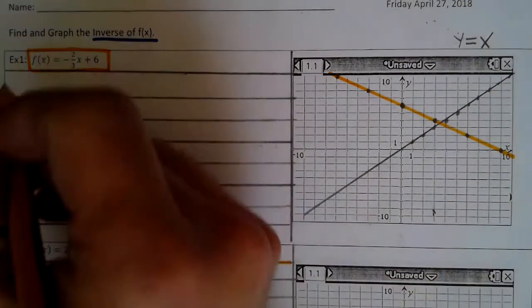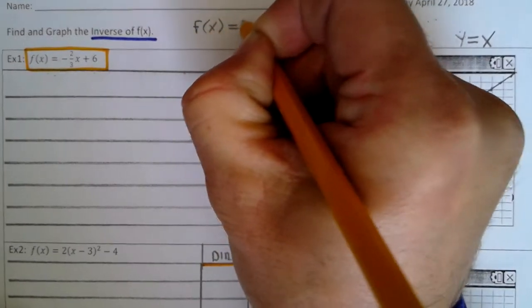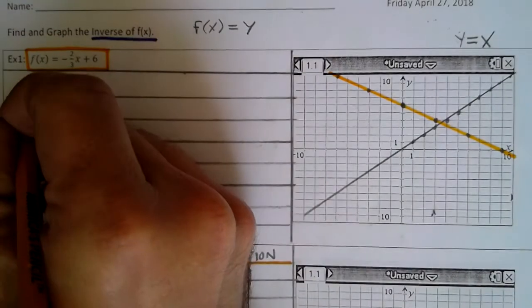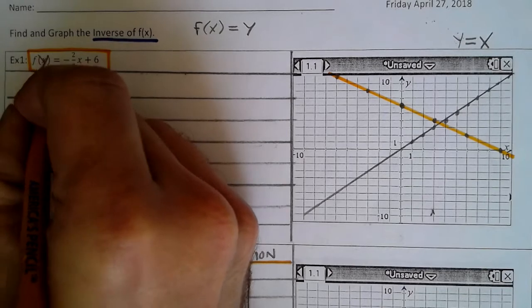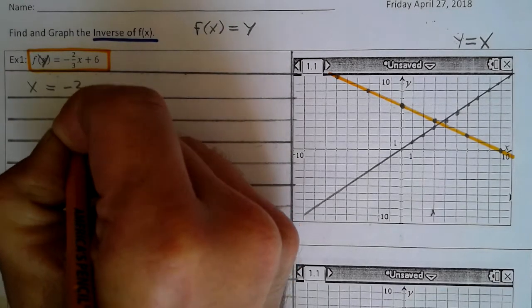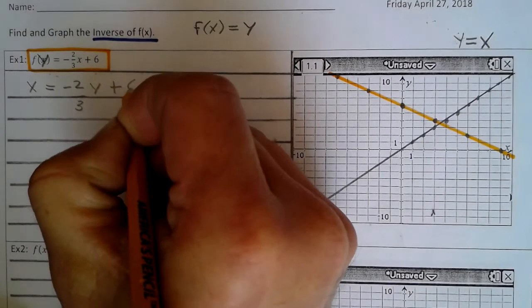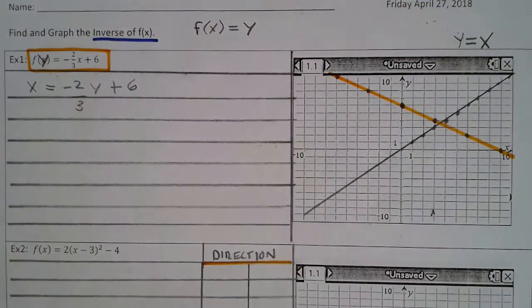So to do that, we know that f of x equals y. Then we need to switch the x and y. So x equals negative 2/3 y plus 6. Okay. So the next step is we're going to subtract 6 from both sides.